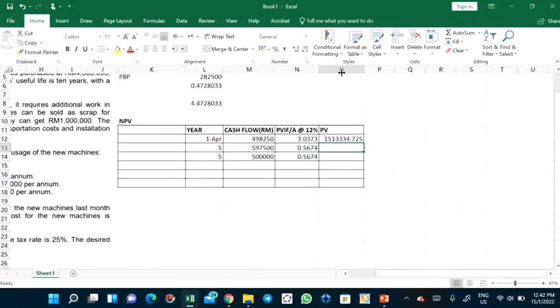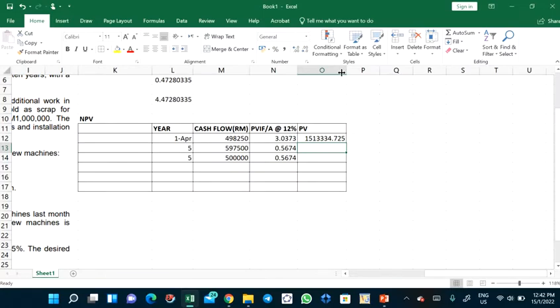So inilah present value yang kita dapat. So kita total upkan dia. And then ingat formula NPV, present value minus with initial outlay. So kita kena minus lah.